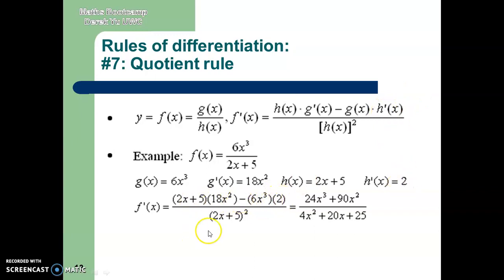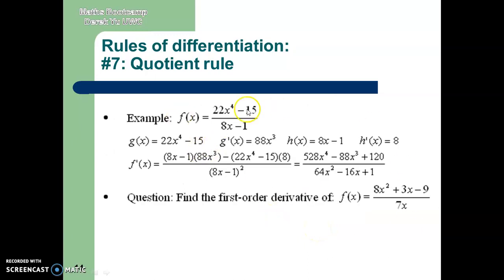Then finally, a bit of expansion, simplification, then this is the final answer. And then again, you can substitute any x values you like to find out the slope of f(x) at any x value. I can skip the next example, again, detailed explanation.